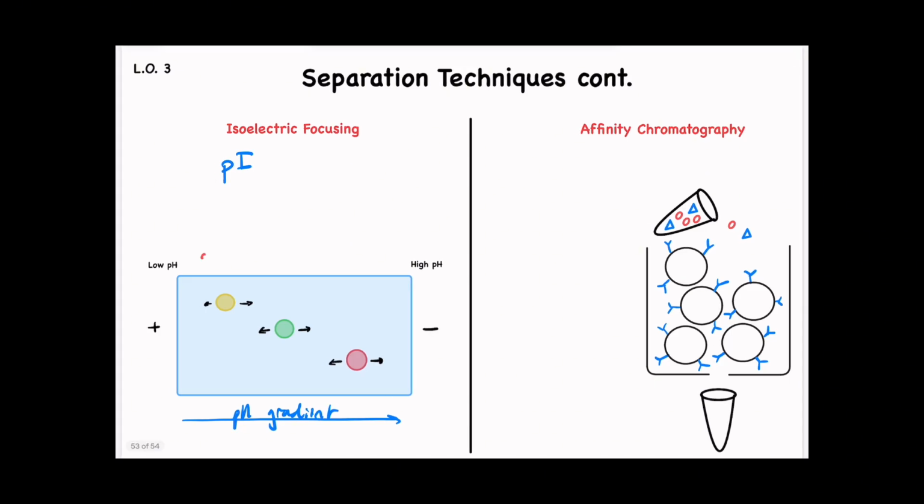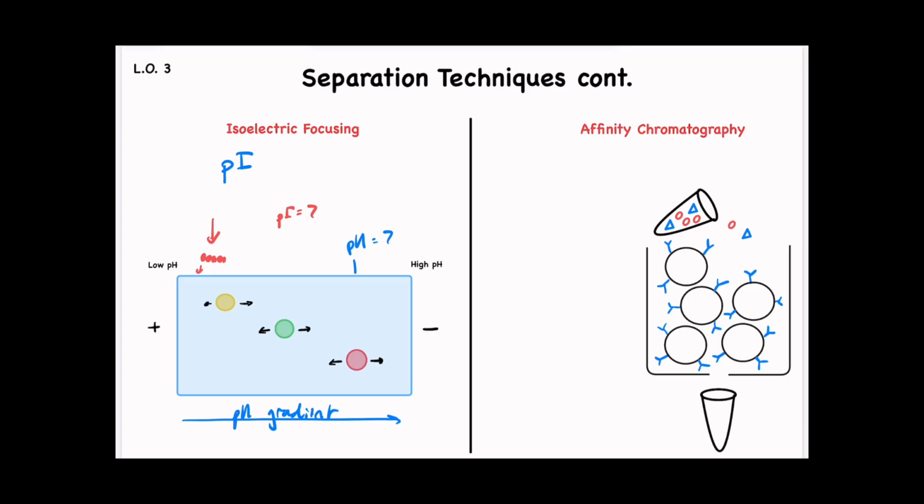So let's say we have a polypeptide here. And let's say this polypeptide has a pI around 7. And then let's say the pH right here is 7. We know that if we place our peptide down here at this end of the gel, because of the pI being greater than the pH at this point in the gel, our peptide is going to be charged.